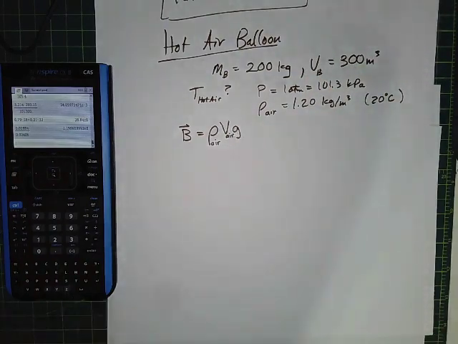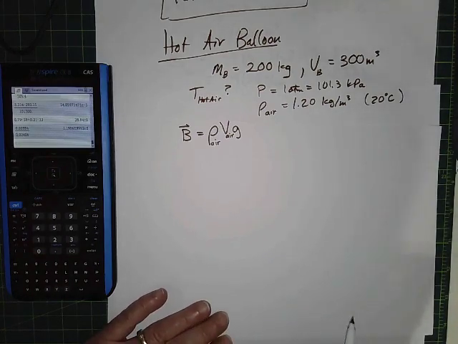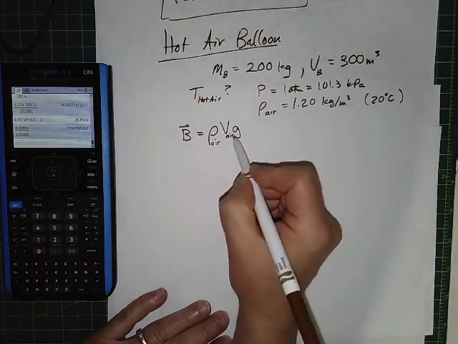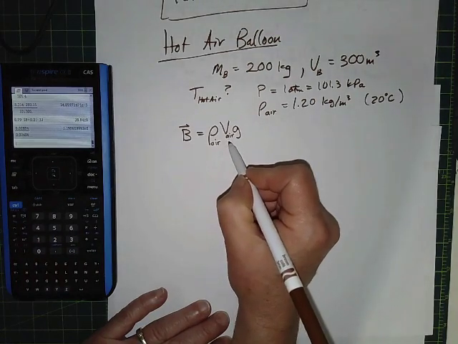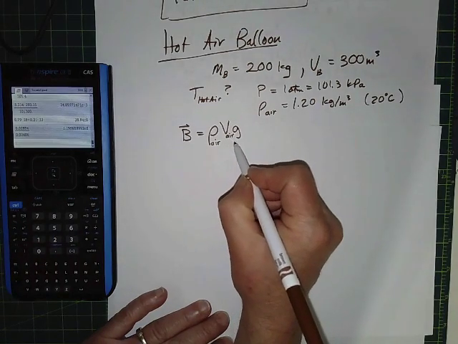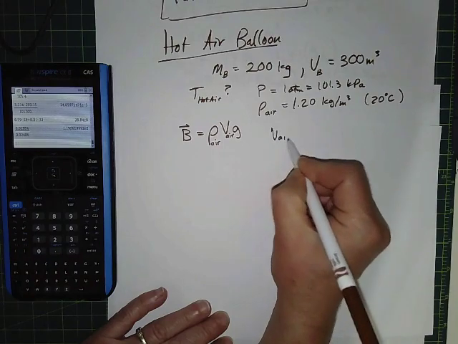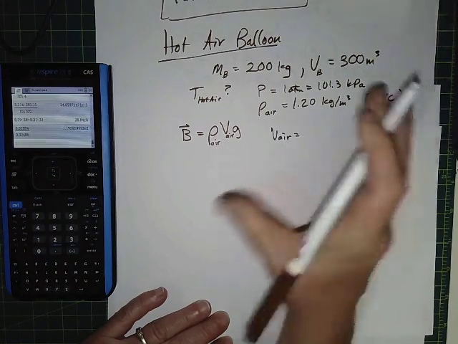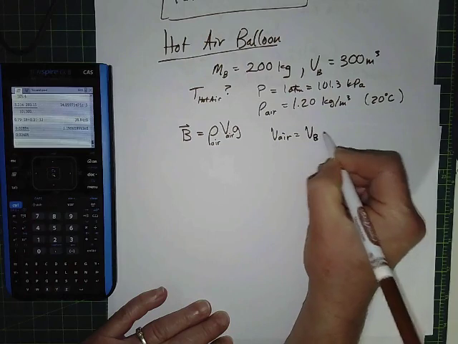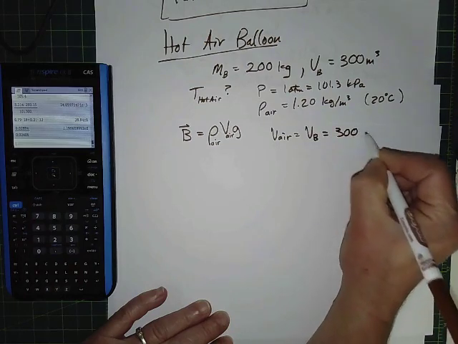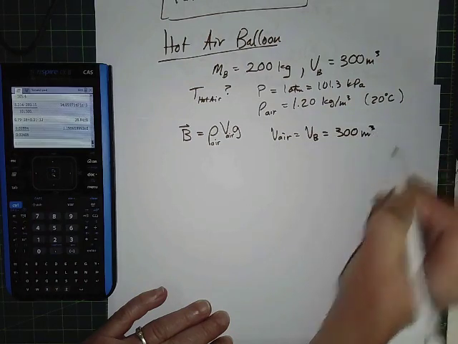So in this case, it's not floating in water, it's floating in air, and so we're going to use rho and v for air. Again, it's an assumption, but we'll say that V air is just the volume of the balloon when it's blown up. So we'll just use that as VB, and that was a 300 cubic meters number.